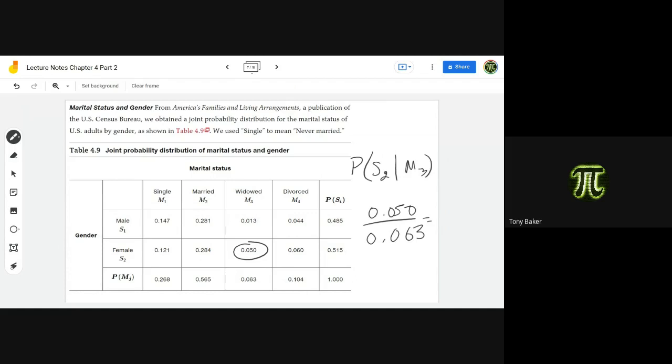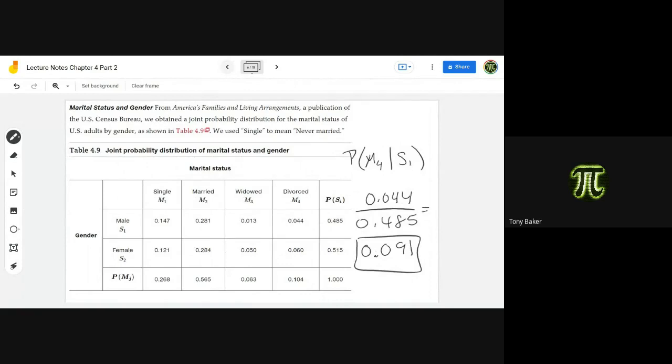This one you have to do carefully. There's no way you're doing this one in your head. So 0.794. Whenever you're rounding, always round to the number of places they gave you. Since all of them are in 3 decimal places, give 3 decimal places. In the first example, you used the number on the side, the 0.485. So how come you didn't use the 0.515 instead of the 0.063?